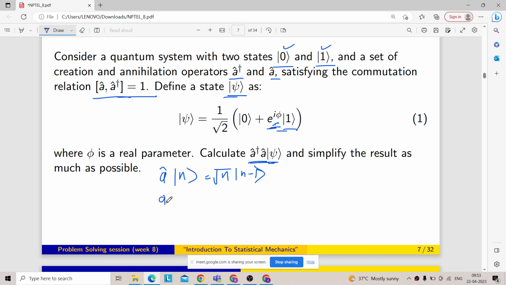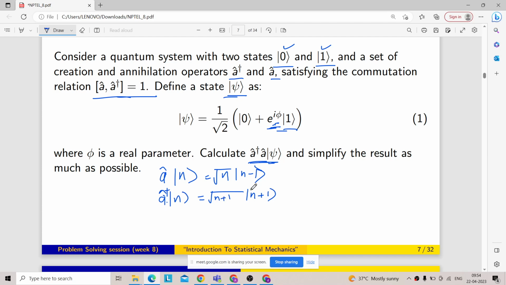Then when a creation operator operates on a system n, its eigenvalue will be root over n plus 1, and the eigenstate, the number of particles, will increase by 1, right? Now okay, this is that.